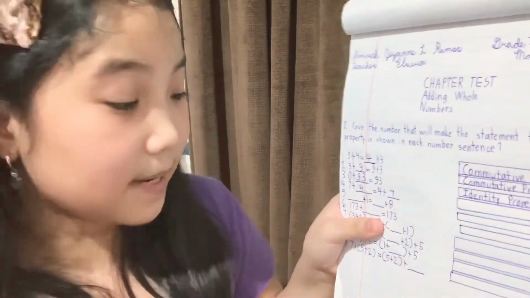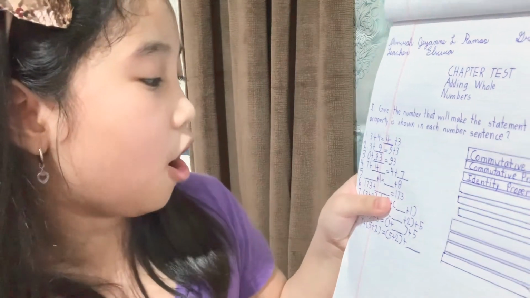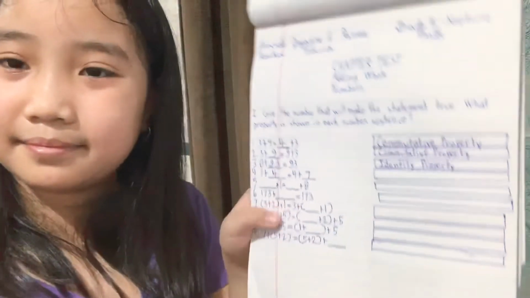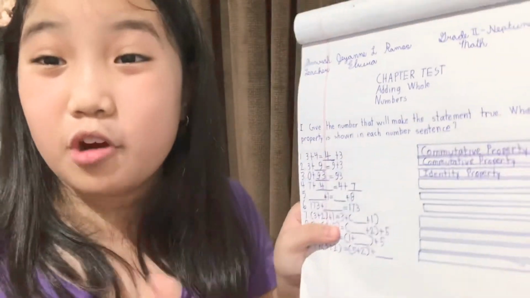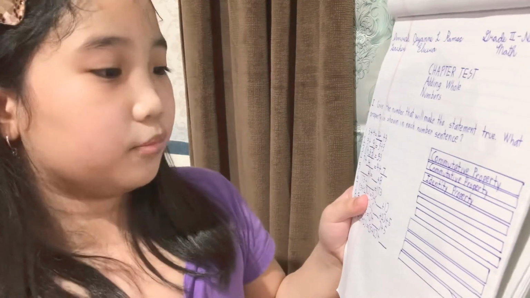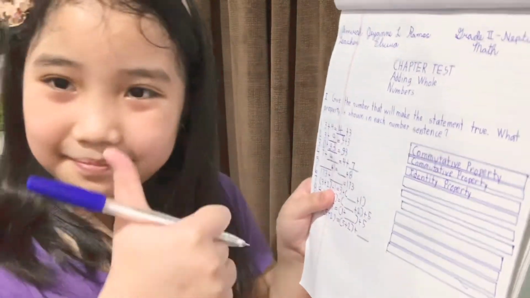So what do you think would be the property of 7 plus 4 equals 4 plus 7? So you are correct again. It is commutative property.